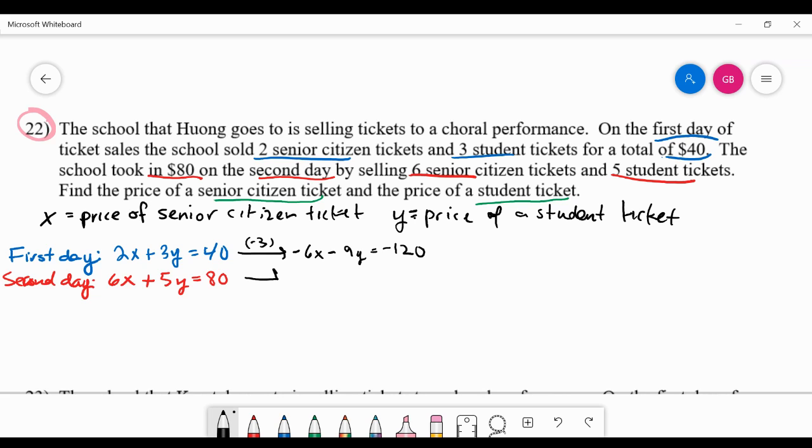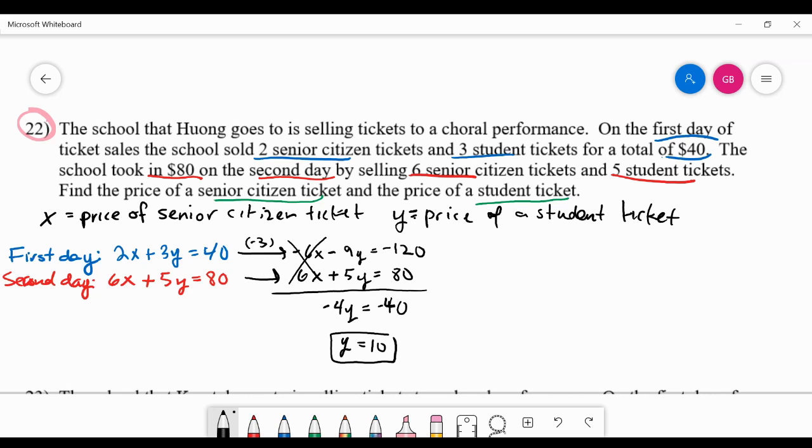The second equation, just go ahead and copy it over. Notice that the 6's are going to eliminate nicely. So now you're left with -4y is equal to -40. Divide both sides by -4, so y is equal to 10.